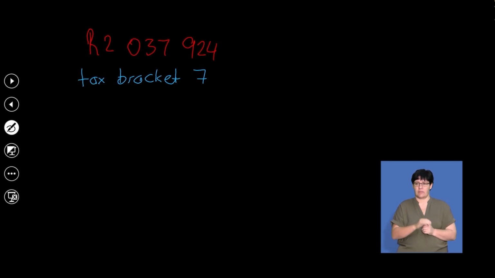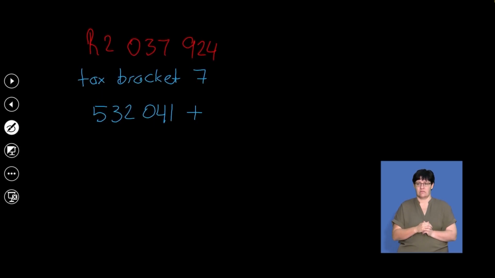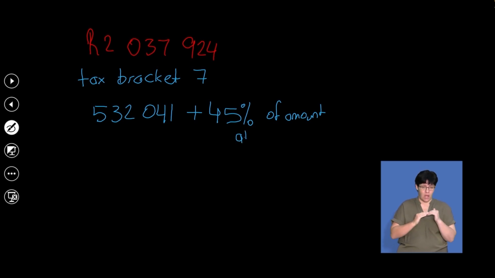So it's 532,041 plus, we'll go back and see what it says, 45% of the income above 1.5. So 45% of the amount above 1.5 million.